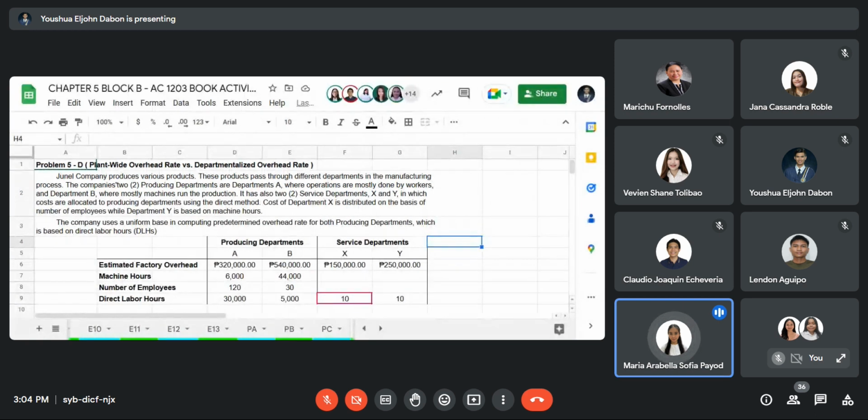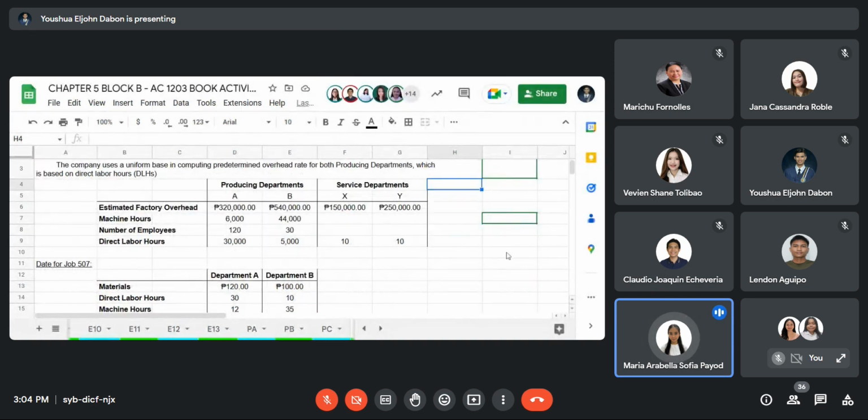Cost of Department X is distributed on the basis of number of employees, while Department Y is based on machine hours. The company uses a uniform base in computing predetermined overhead rate for both producing departments, which is based on the DLH. Now, for requirement number one, what is the plant-wide predetermined factory overhead rate?